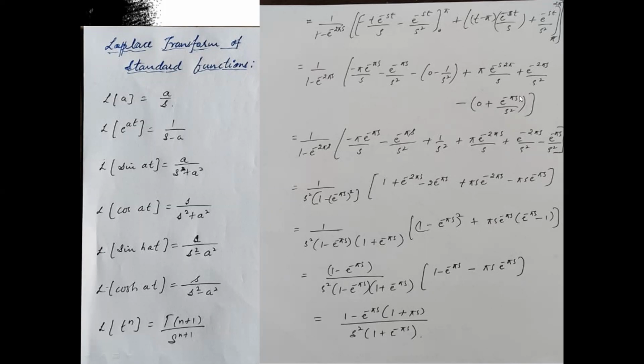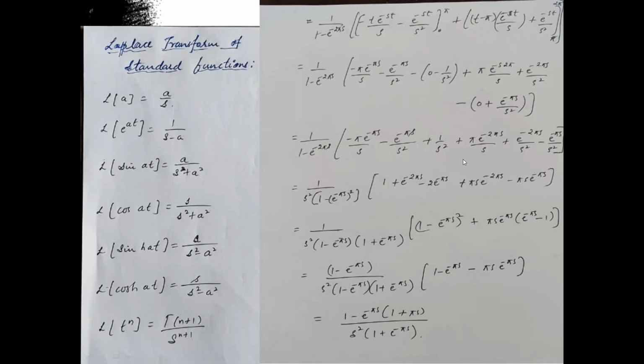Then minus e raised to minus pi s by s square. So we have 1 divided by s square into 1 minus e raised to minus 2 pi s, which can be written as e raised to minus pi s whole square. Then here we have this one term here.